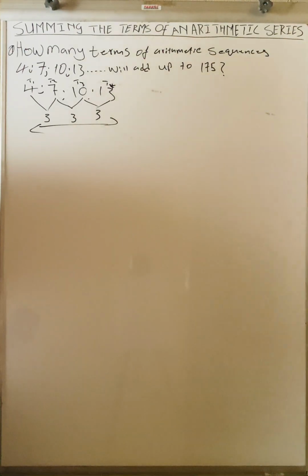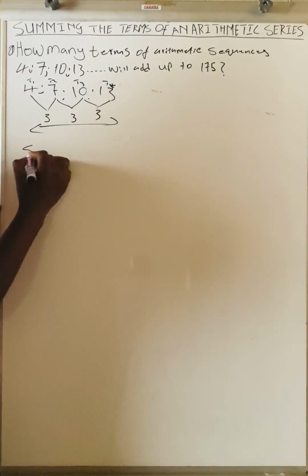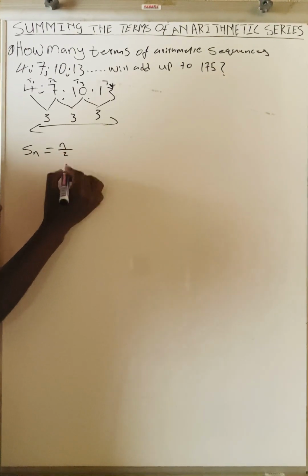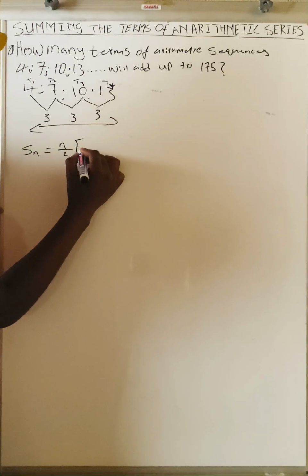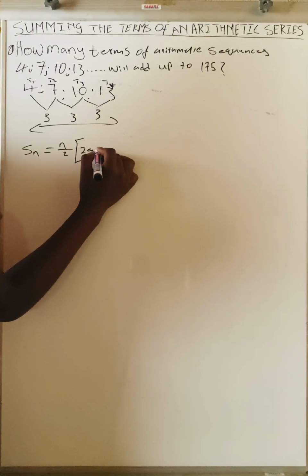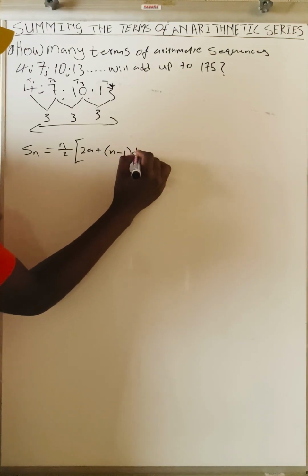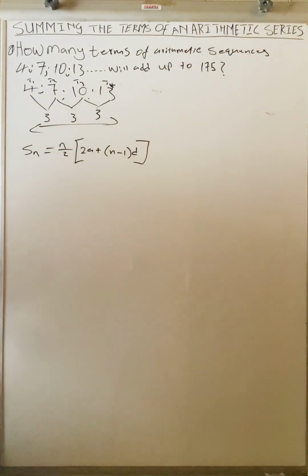From here, we write the formula. Sn is equal to n over 2, brackets, 2a plus n minus 1 multiplied by the difference, then close the brackets.